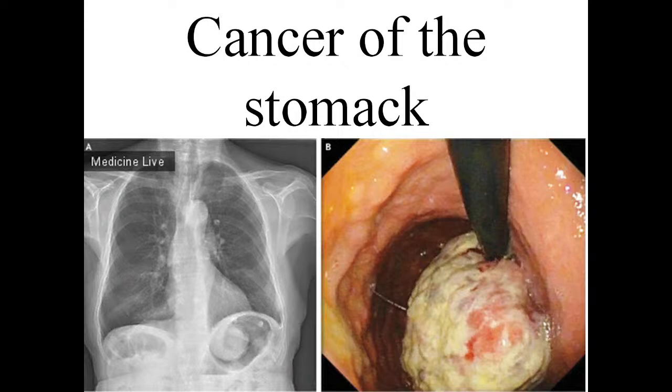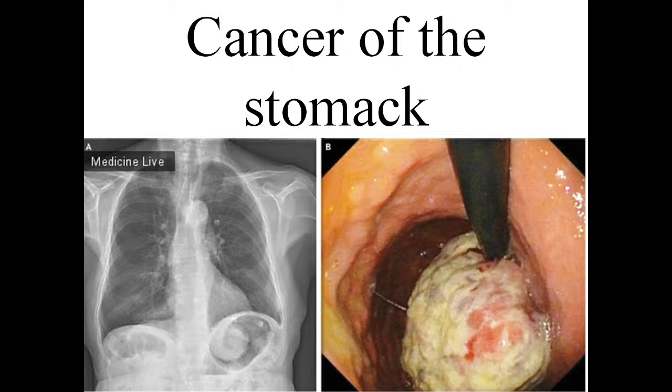In the slide you can see the cancer of the stomach. Student, and you can see the first picture. It's an X-ray study of the stomach, and on this X-ray we can see the tumor inside the stomach. And in the second picture you can see the fibrogastroscopy.